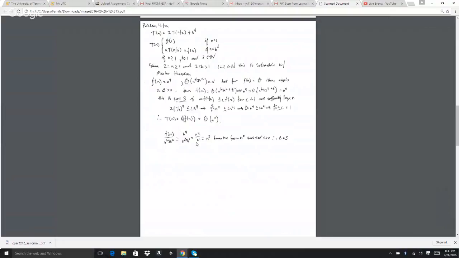So here, just to review how you can come up with this 3, or how it can be used in other cases. So f of n, the recursion, over this form for theta, that's n to the 4 over n to the log base 2 of 2.